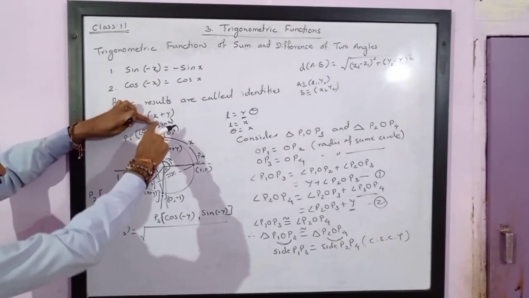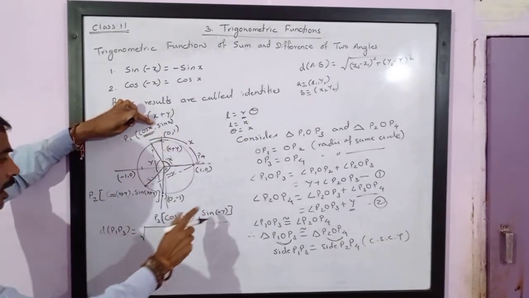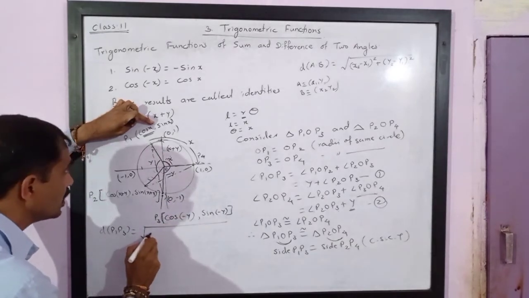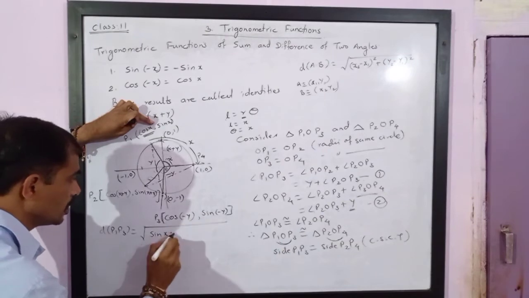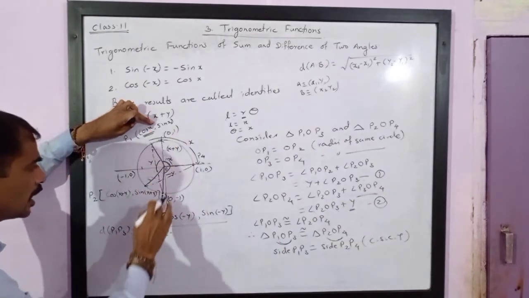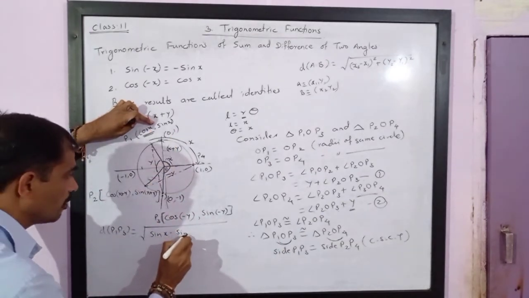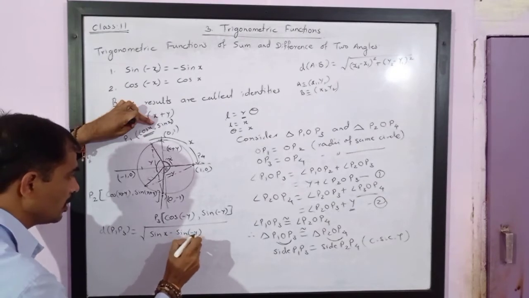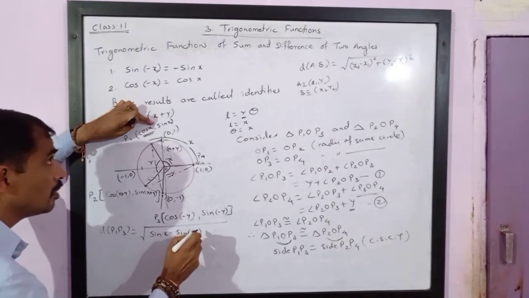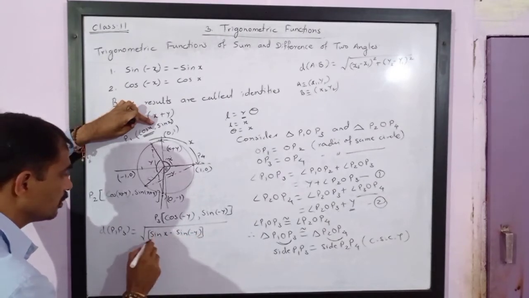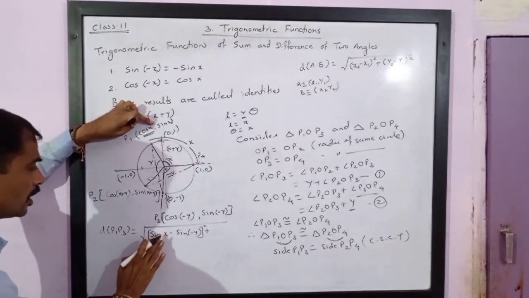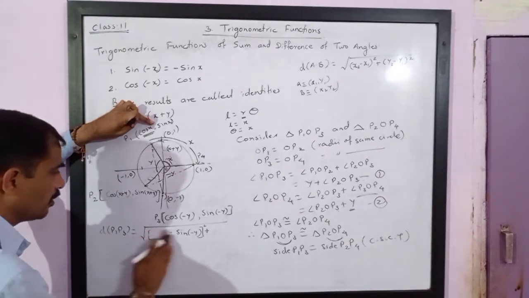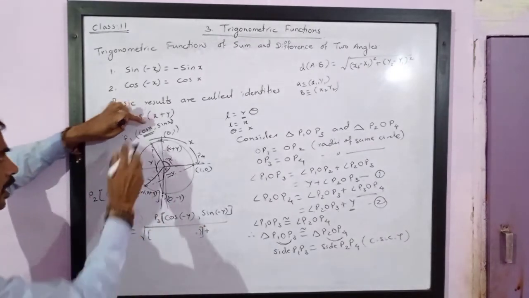x2 minus x1, P1 P3, we will have x2 minus x1 is sin x minus sin of minus y bracket square plus x2 minus y2 minus y1. If we have written first, I will write x2 minus x1 first.